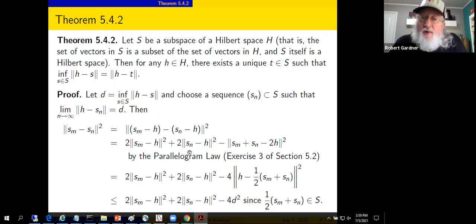That's where the twos come from. This is one diagonal, and this is the other diagonal, to give it a geometric flavor. But the parallelogram law allows us to deduce this. The sides of that parallelogram are determined by the norms of the differences here, the S sub m minus h and the S sub n minus h. But that allows us to produce this equality.